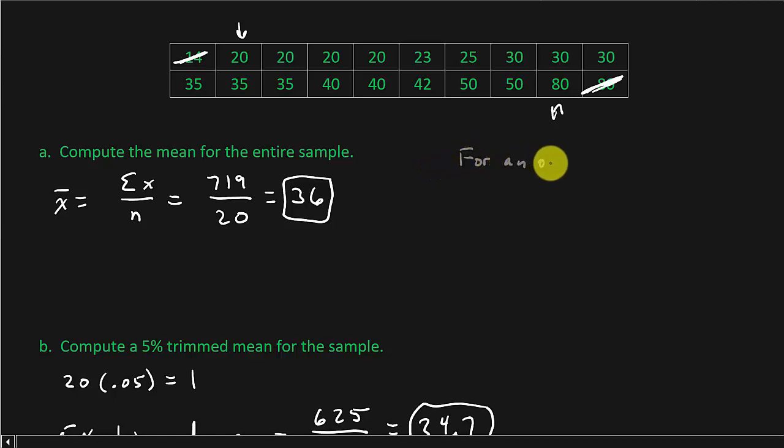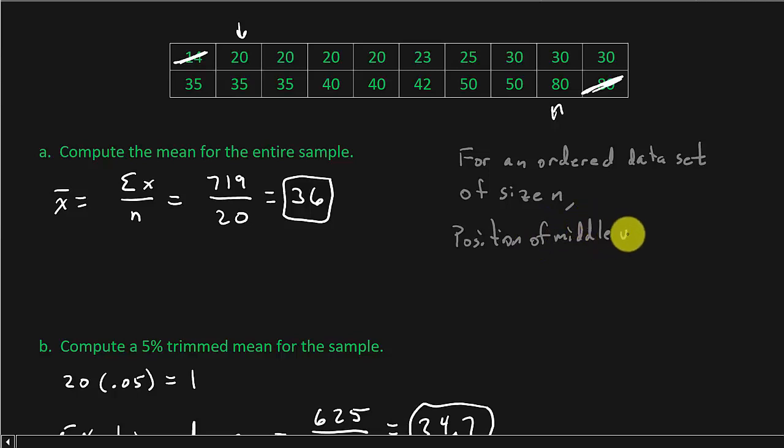For an ordered data set of size n, the position of the middle value equals n plus 1 over 2.